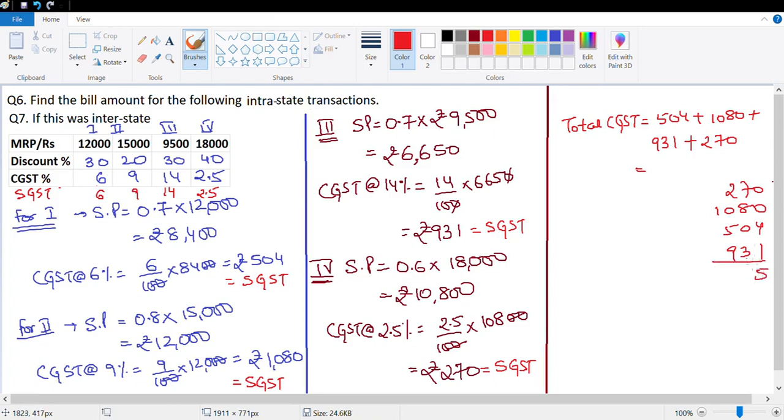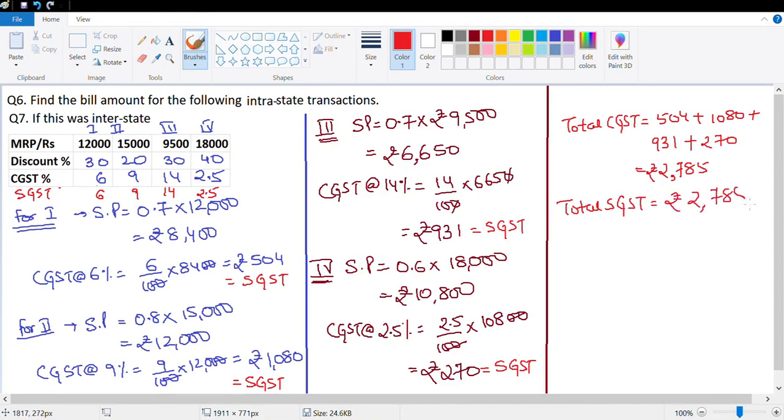Let's just calculate that: 5, 10, 18, 9, 10, 15, 17. That's 2785. This is equal to rupees 2,785. Next, we calculate the total SGST also. Total SGST is also equal to the same, which is rupees 2,785.